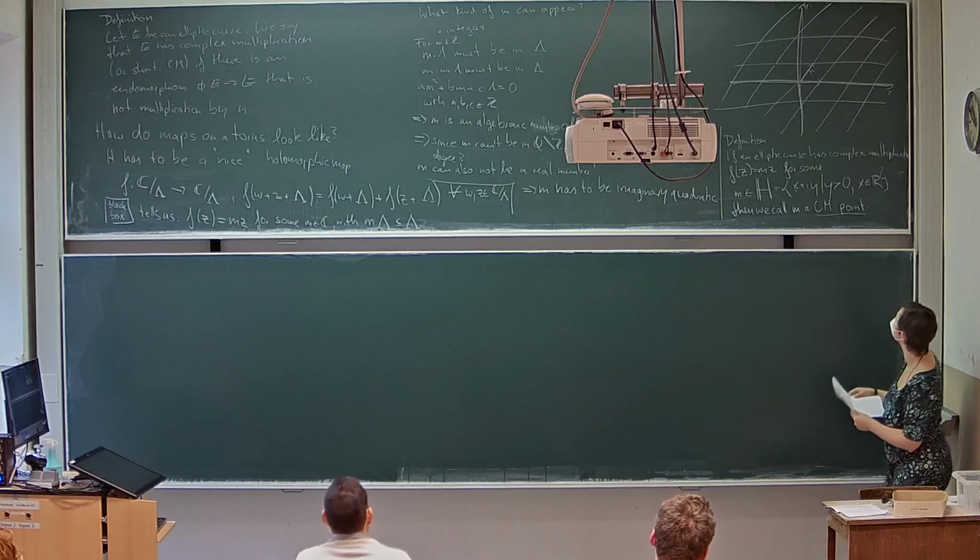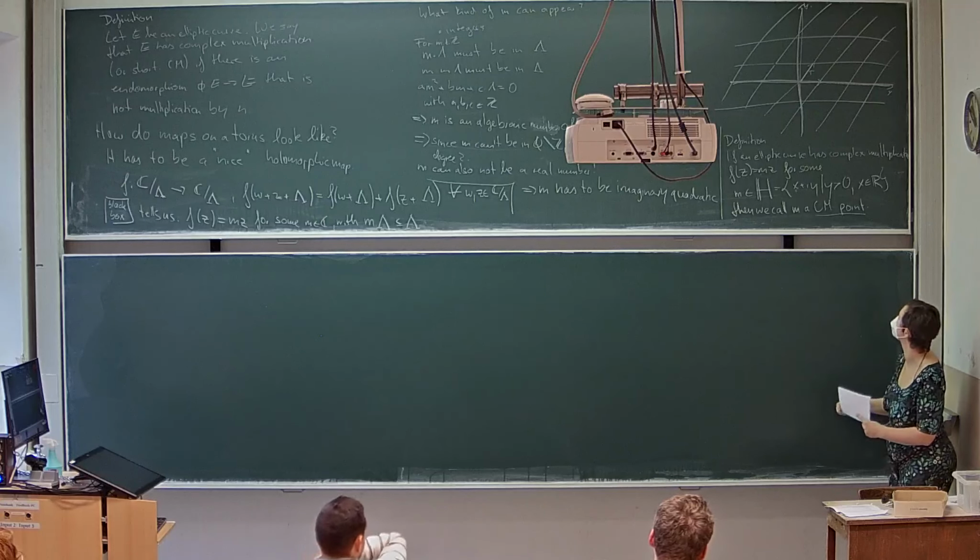So it comes from the words complex multiplication, but it's still called just CM point.